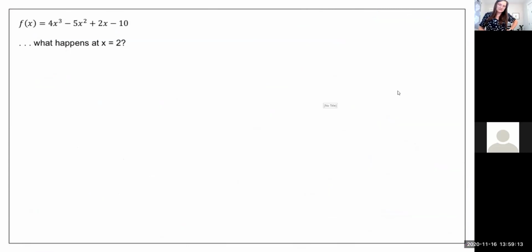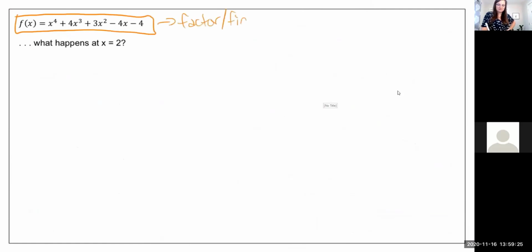Essentially, you're going to be given some f of x and asked to factor or find zeros, which is really the same thing. When it's a higher degree polynomial, we first have to see if we can find one zero. Once we can find one zero, we can use the long division process to find the other zeros. So this is where we use it.